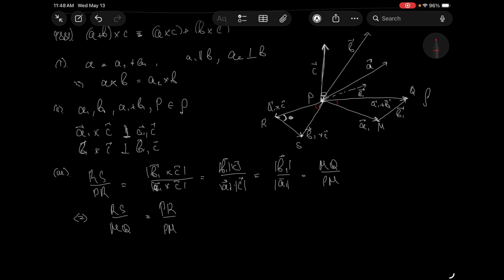We rotated A1 by 90 degrees, and then we rotated the sum of these vectors, essentially, by 90 degrees.